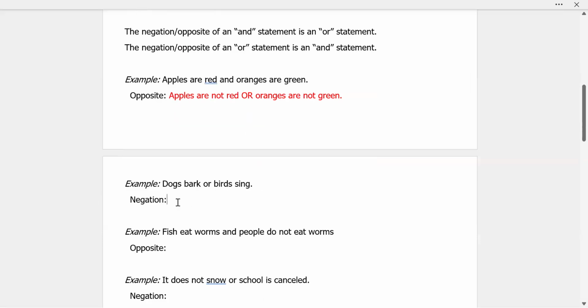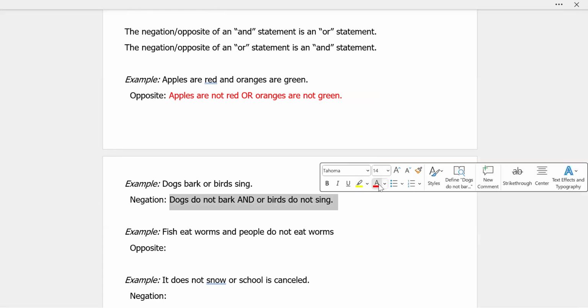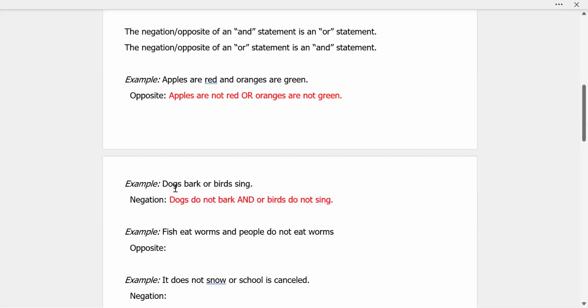Okay, let's look at this one. Dogs bark or birds sing. So dogs do not bark and, let's put an and in, cats, or birds do not sing. So if I say one of those is true, one or both, because we use inclusive or, dogs bark or birds sing or both, that's true.